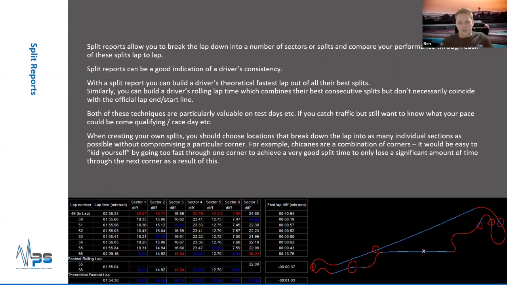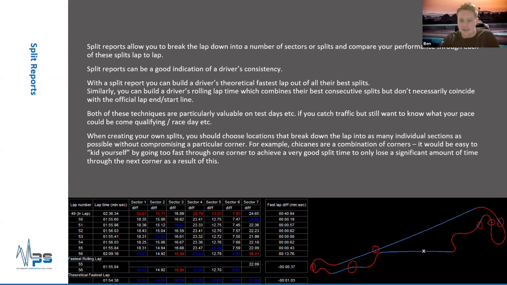What I tend to do is try to break the lap down into corner segments. And I say the word segment because you have to be careful to pick segments of corners which can be classed as independent corners on their own.